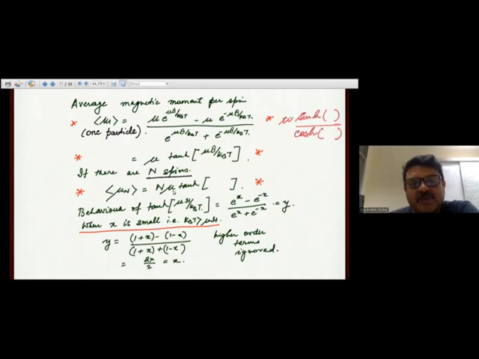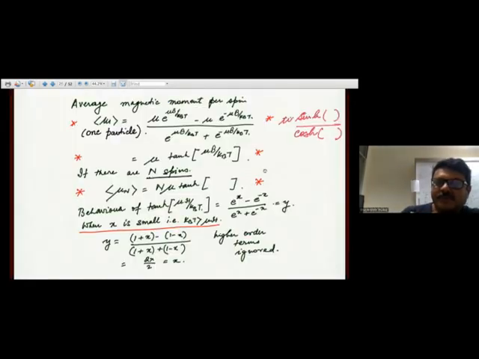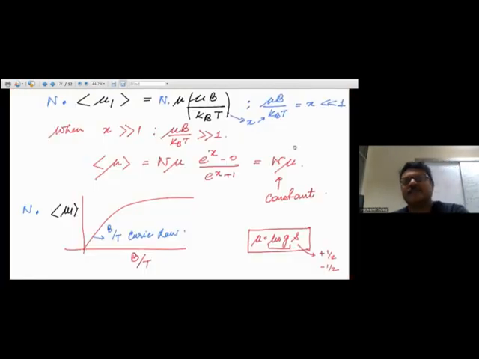It will be n mu into x. So this is the expectation value of one spin, and n into that gives n mu, and the value x is mu B by kBT.